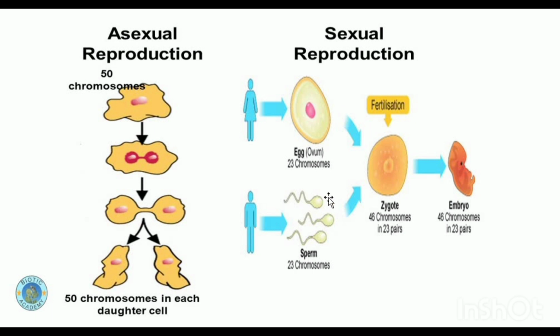If we talk about reproduction in living organisms, in asexual reproduction, here you can see an amoeba cell, a unicellular organism, producing young ones of the same kind.